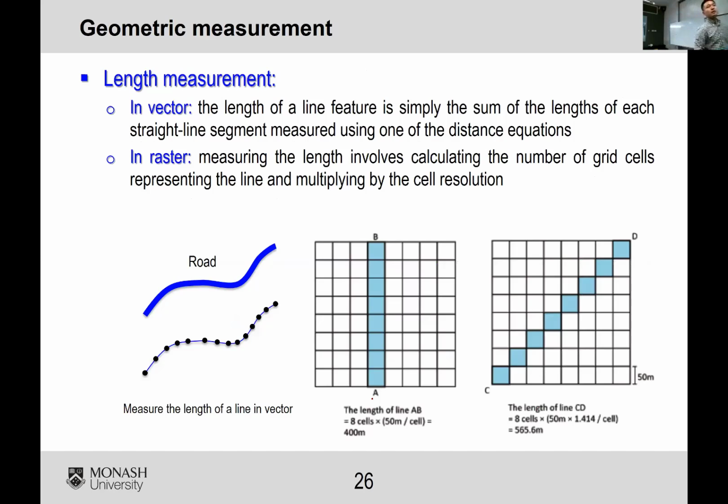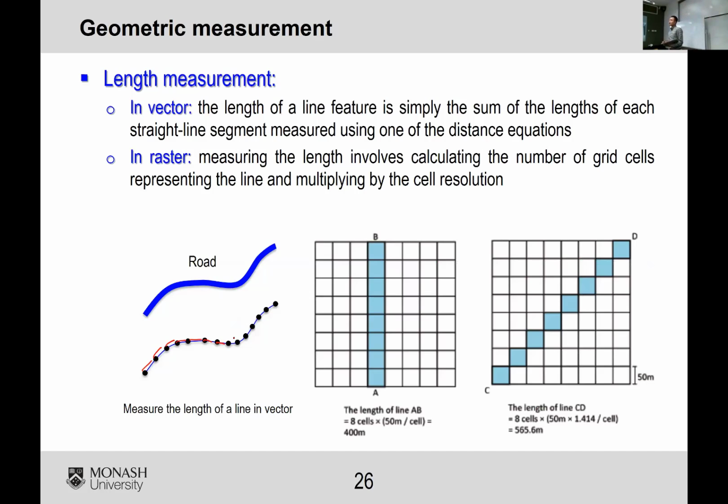And now the measurement of length is also different with raster and vector data. So you can imagine it's very simple if we want to get the length of a polyline. It's basically the sum of the lengths of the different line segments.